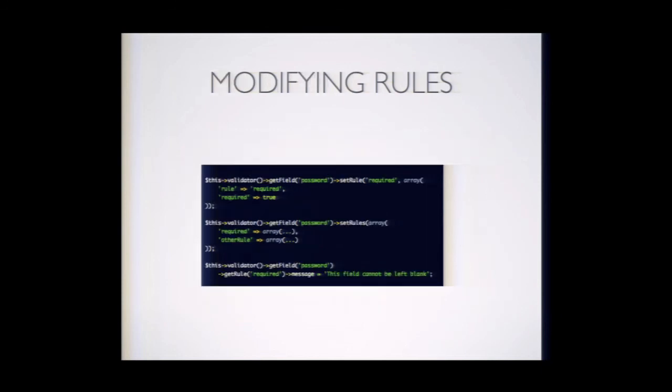You can modify rules. You can get the validator, get all the rules for a field, set a new rule, or set a bunch of new rules, or you can set properties to those rules on the fly. Like you get the field password, get this rule required, and change the message to something else.